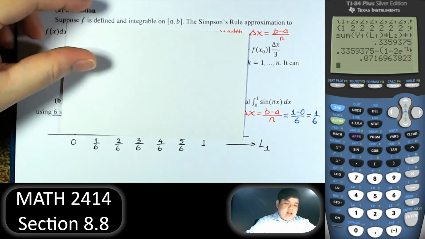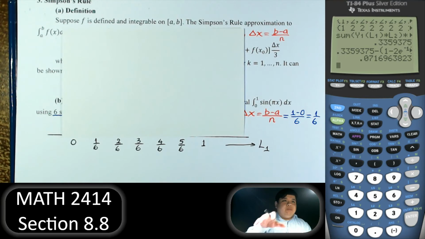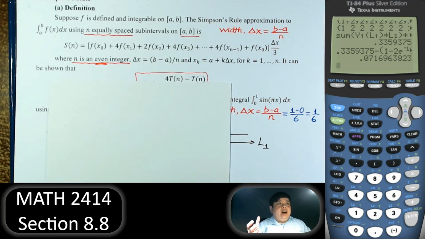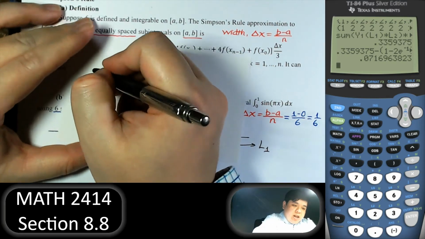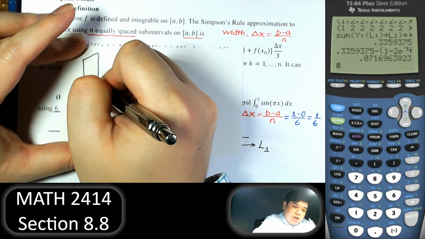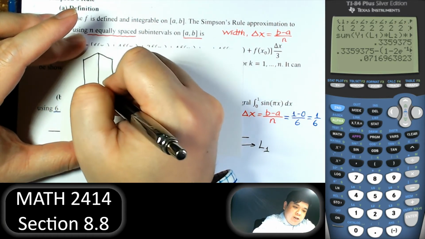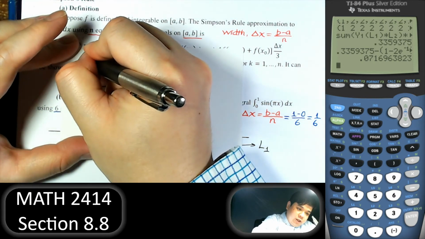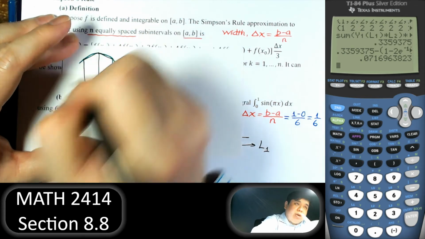So think about this. In Simpson's rule, we use pretty much a parabola to approximate. So instead of using trapezoids like that, 2 trapezoids, we're going to use a parabola to approximate.